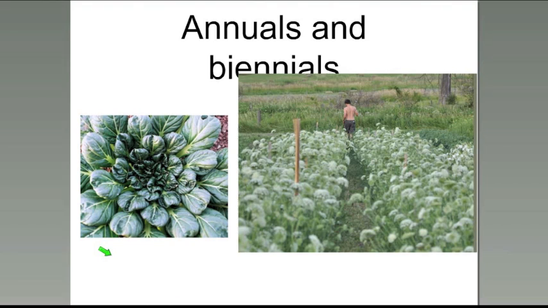So crops fall into, other than perennials, most seed crops fall into the two categories of being an annual or a biennial, and it does affect how you'll grow them and the planning of them. On the left here is an annual called tatsoi. Just like many of the annuals, you want to start a lot of your annual plants quite early in the spring, as early as possible, because in reality, they're going to go through a much longer life cycle to then produce their seeds and dry down the pods.